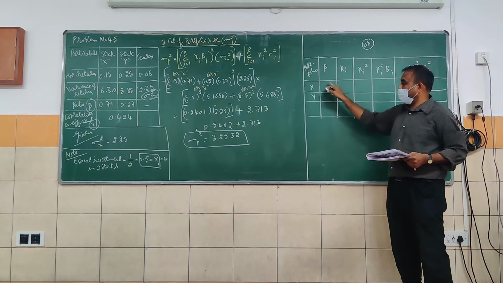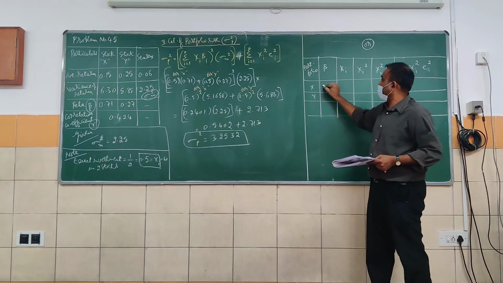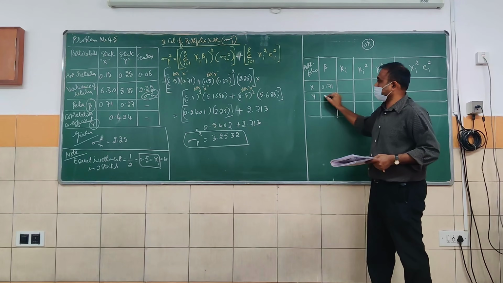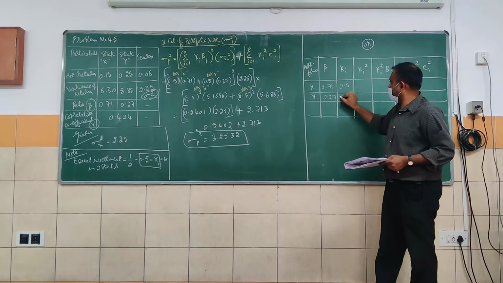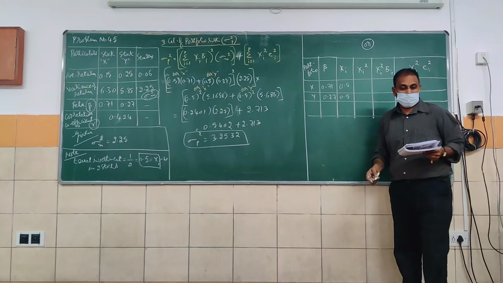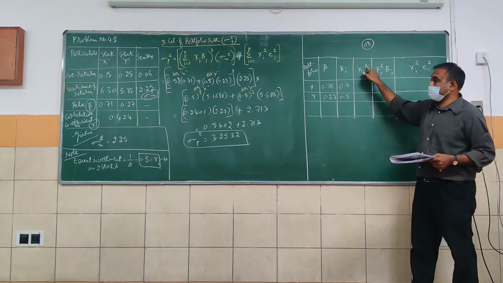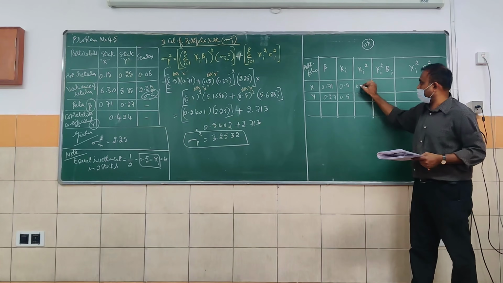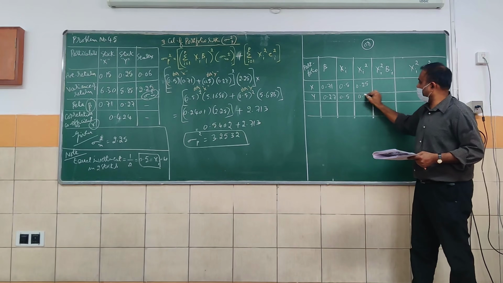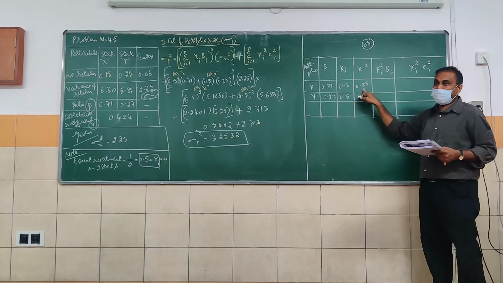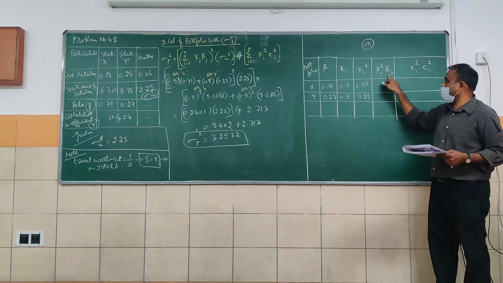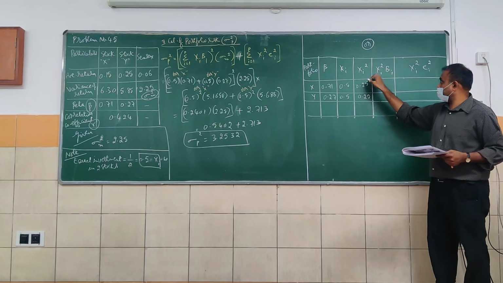Easy. Beta of X, beta of Y. Xi is 0.5 and 0.5. Correct now? Xi square 0.5 into 0.5, 0.25. Easy, no? Xi square into Bi.